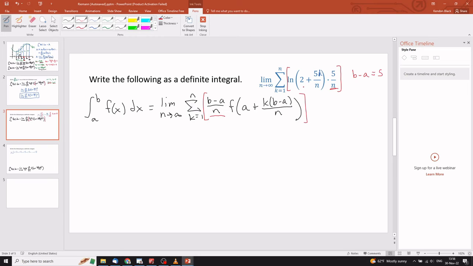Okay, now it definitely looks like this 2 plus 5k over n is very similar to this a plus k times b minus a over n. So in this case, the a would be the 2. So let's say a equals 2. And then if I substitute 2 in here, I can easily find b. What minus 2 equals 5? That would be 7.